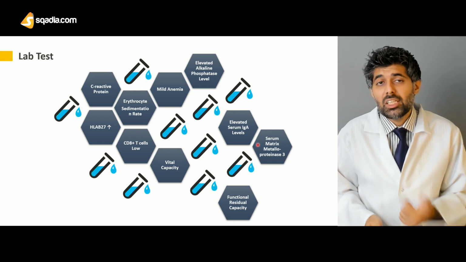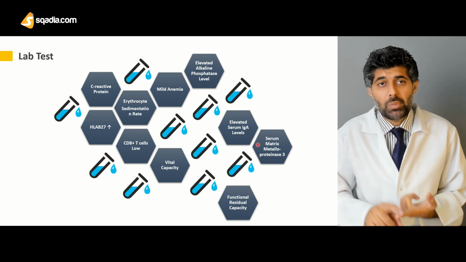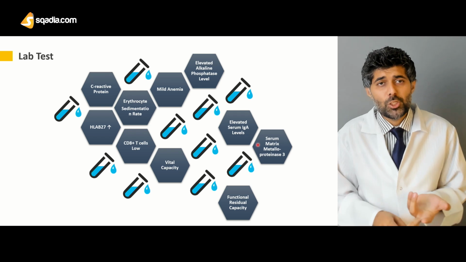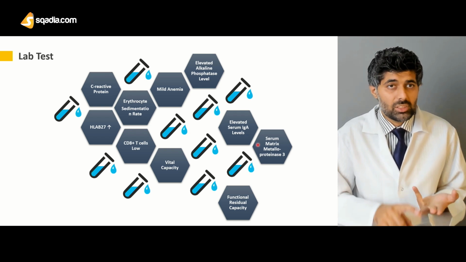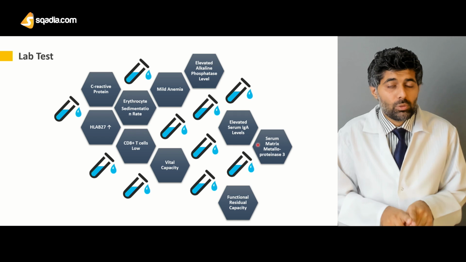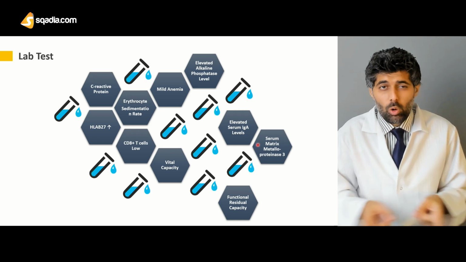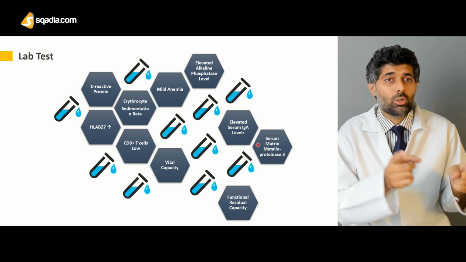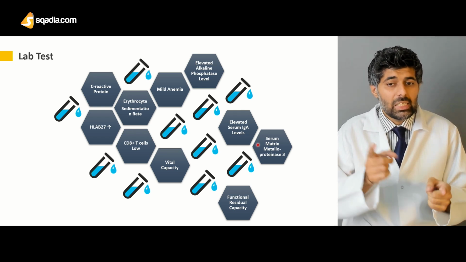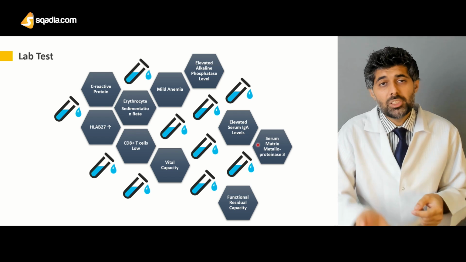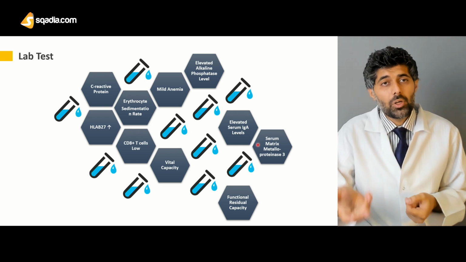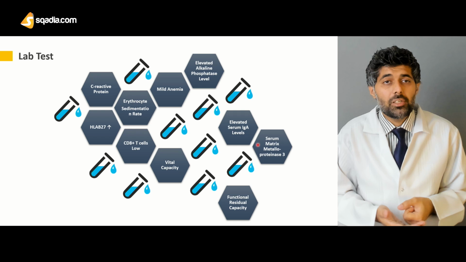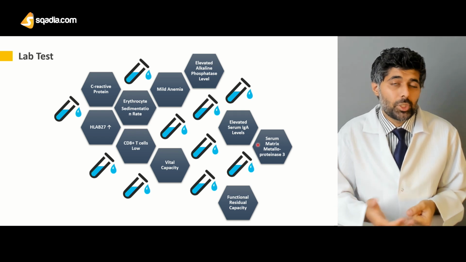It is usually found in the matrix, in the connective tissue and inside the cells. Because of all of the osteoporosis, the osteoclastic and osteoblastic activity, this enzyme spills into the blood and we get elevated blood levels of this particular enzyme.